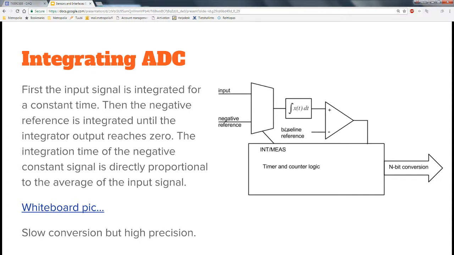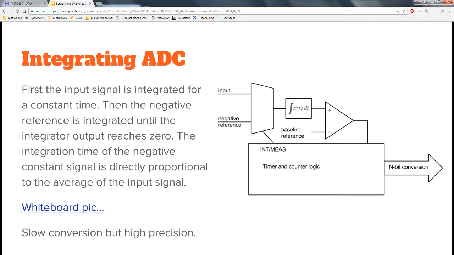With operational amplifiers, one of the basic circuits is an integrator, which simply gets the signal as a current signal and uses a capacitor to have the integral of the input signal on the integrator output.